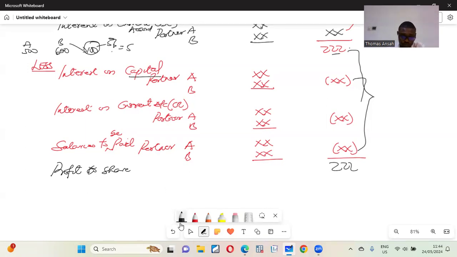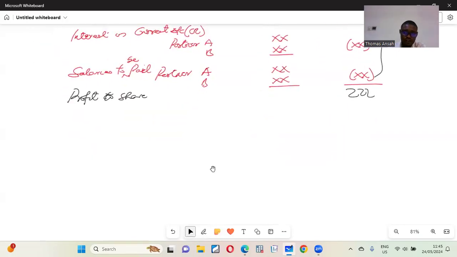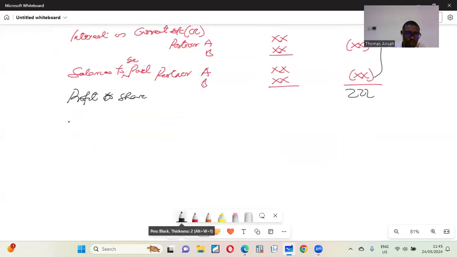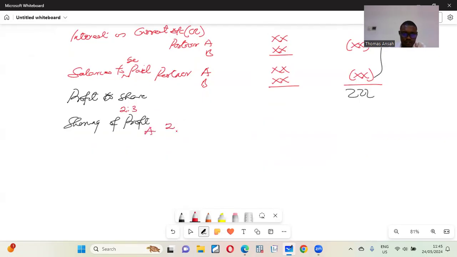So now, we need to share this profit. So we have sharing of profit. Now, in the sharing of profit, let's say the sharing ratio is 2:3. Then partner A will take 2/5, is that not it?